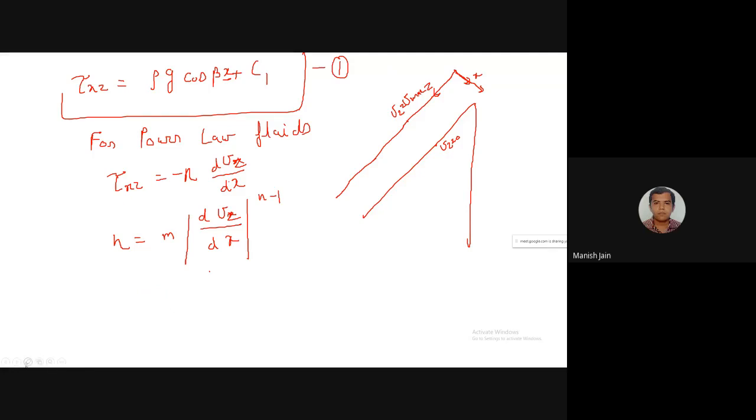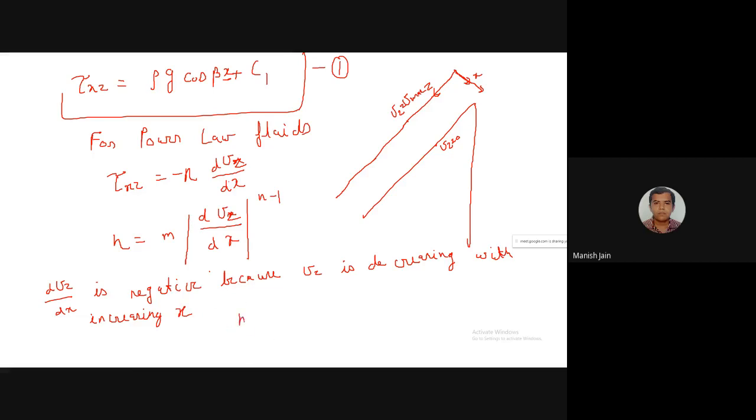Okay, so then you can write eta equal to, so here dvz by dx is negative because vz is decreasing with increasing x. Okay, now we will remove the mod sign.